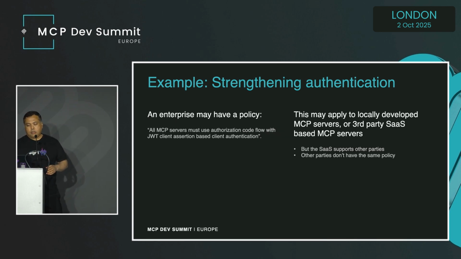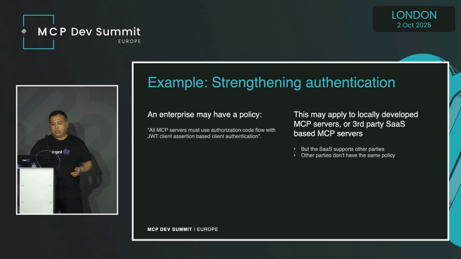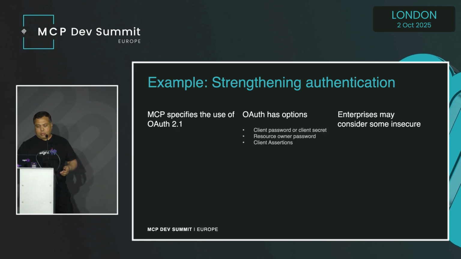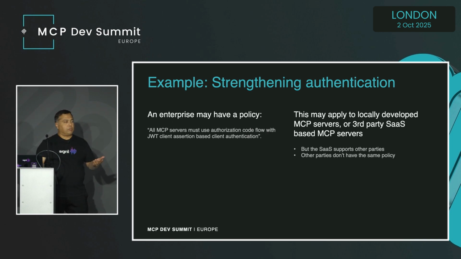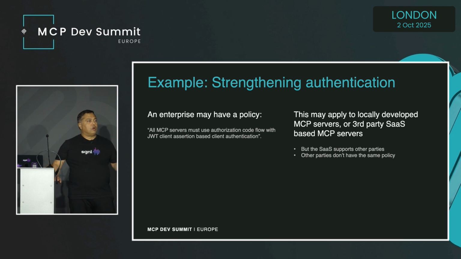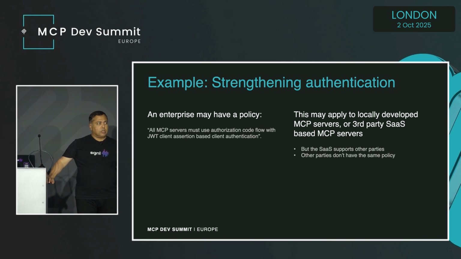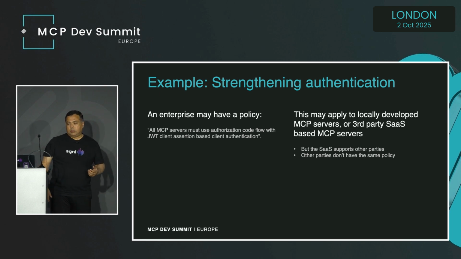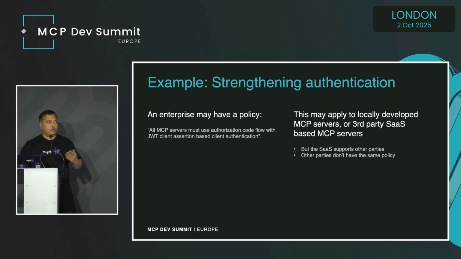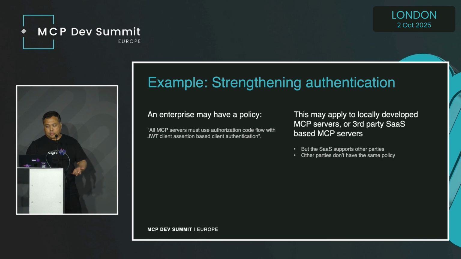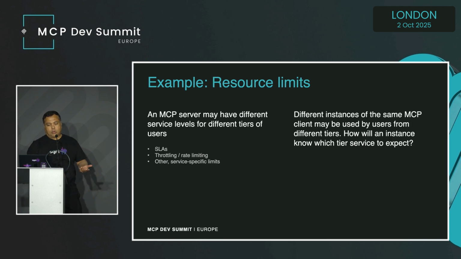And in another, consumer situation, this is the policy that an enterprise wants to enforce: we want to have OAuth, but with JWT-based client assertions, client credentials flow. How do you make that happen? And you don't want this, for example, for consumer services. So how do you do that?